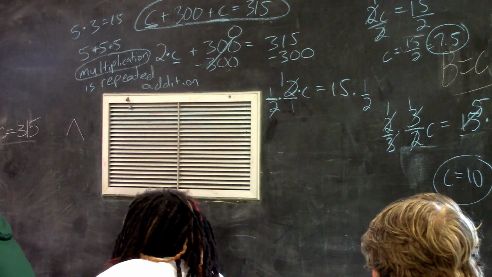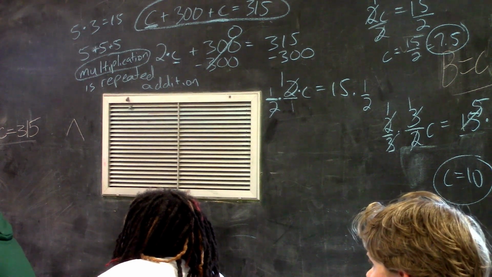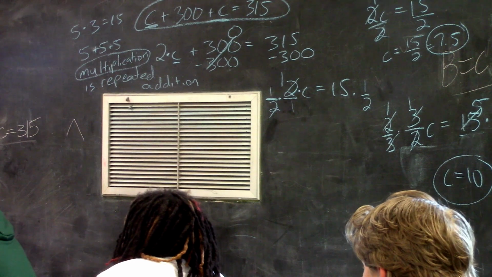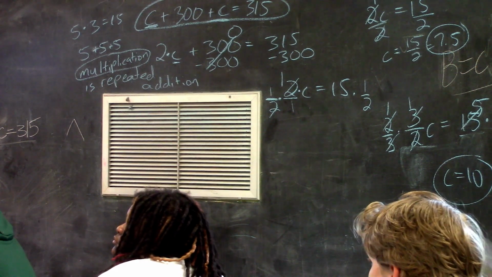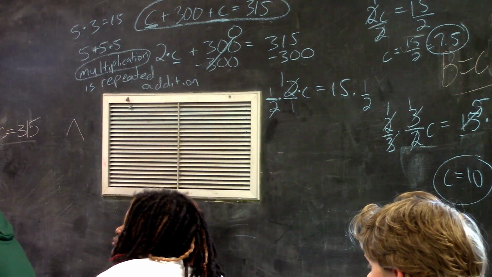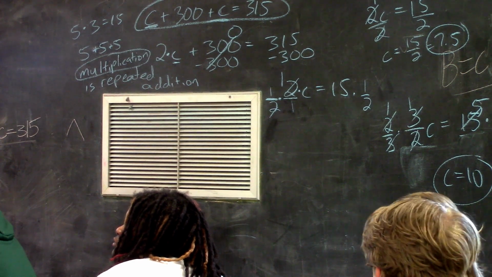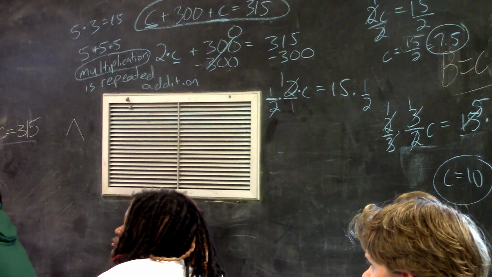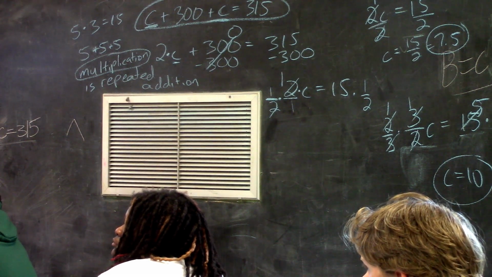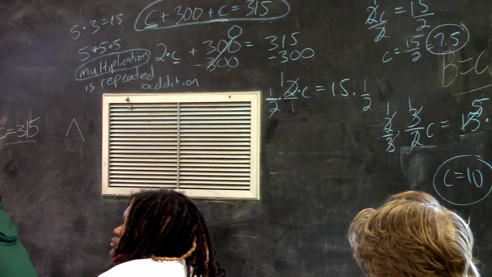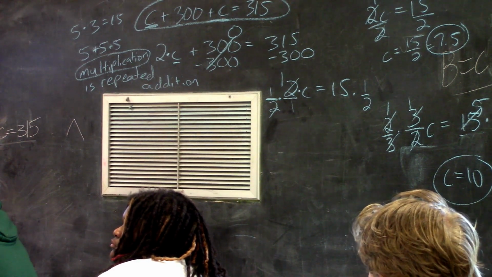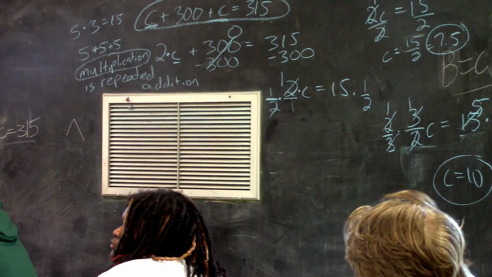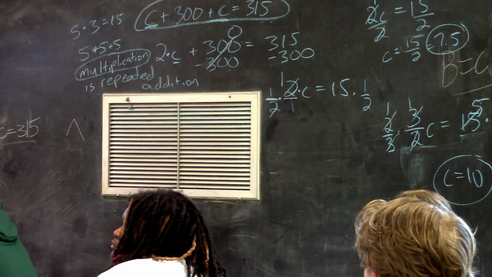Now, you should have done this in your Algebra 1 as well. If I added these two equations together, what's b plus b? 2b. Notice that's repeated addition, so it becomes multiplication. When we say 2b, we mean 2 times b. b plus b is 2b. What is c minus c?